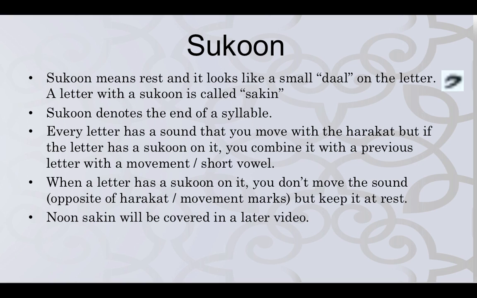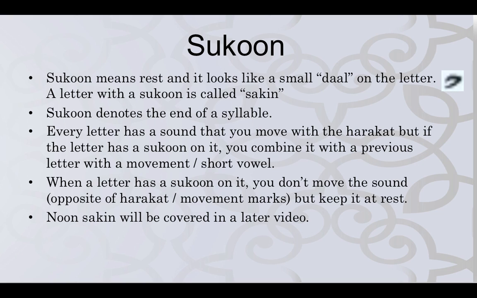Since every letter has a sound, in Arabic you move that sound with harakat, meaning that you add a fatha, kasra, or dhamma. You can think of the fatha as moving the sound up: ba, fatha, ba. You move it downward by adding a kasra: ba, kasra, bi, so you're lowering the sound. Or you move it sideways by adding the dhamma: ba, dhamma, bu.